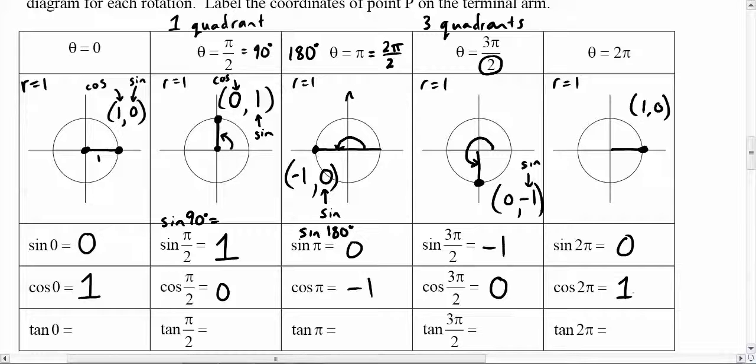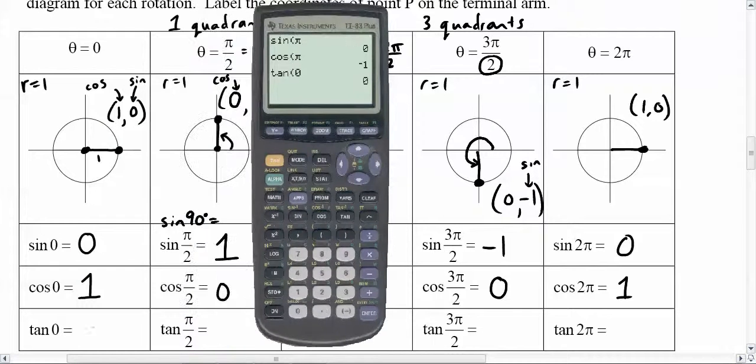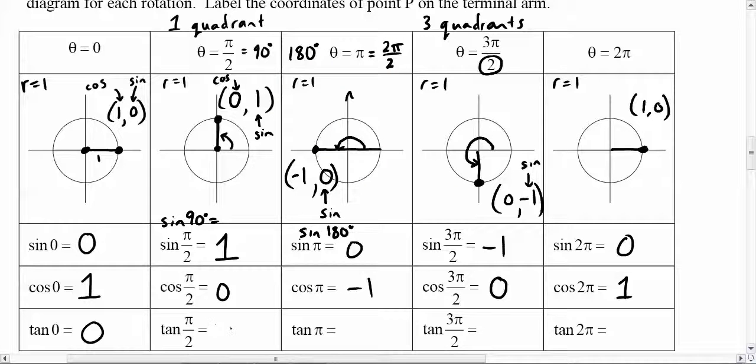Now what about tangent? Let's check that on the calculator. Tangent of 0. Tan of 0 is 0. Tan of pi over 2 is domain error. So we can write infinity or does not exist.